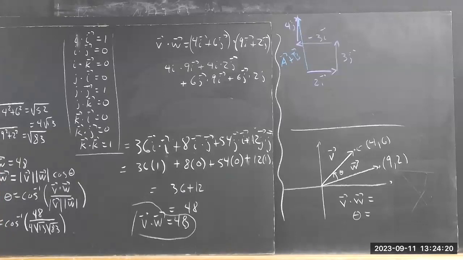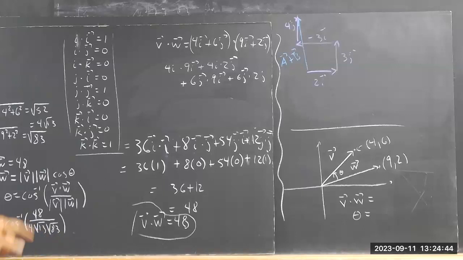Okay, we can approximate this. Square root of 83 is a little more than 9. Square root of 52 is like 2 times the square root of 25, square root of 25 times the square root of 2. Square root of 2 is about 1.4. 5 times that's 7. So that's like 7, and that's like 9.